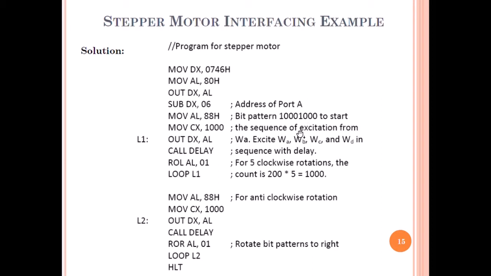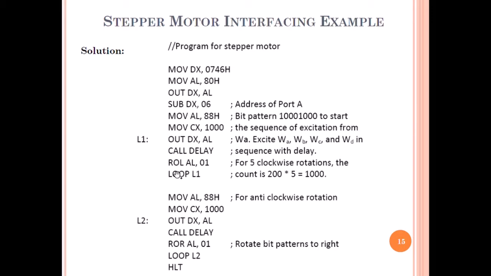If we do so, this one will come to this position, that is, WA will be excited. Therefore the WA winding will align the rotor teeth, and we get a rotation.